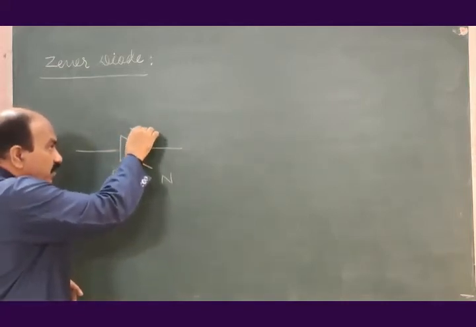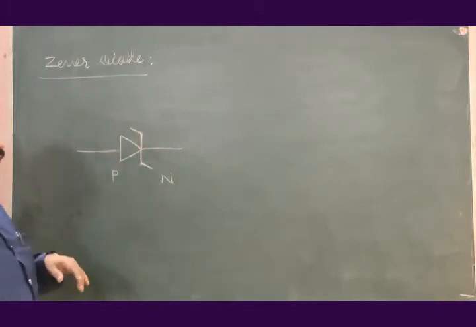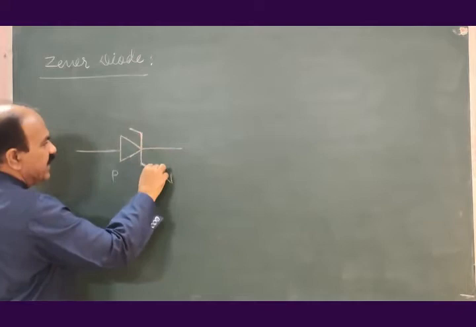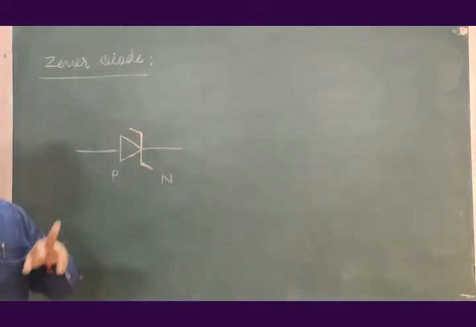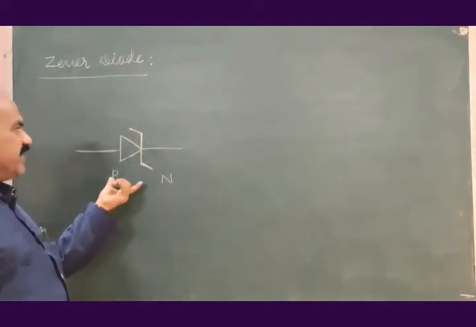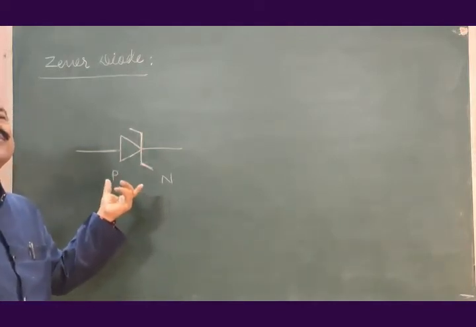The bar over here is replaced by the letter Z. This is the letter Z corresponding to the Zener diode. Okay, so this is the symbol for the Zener diode.